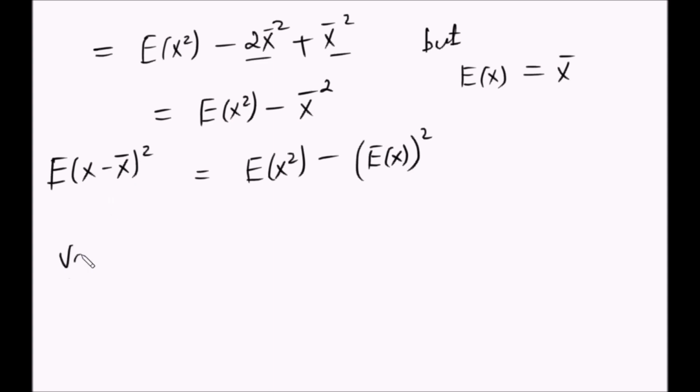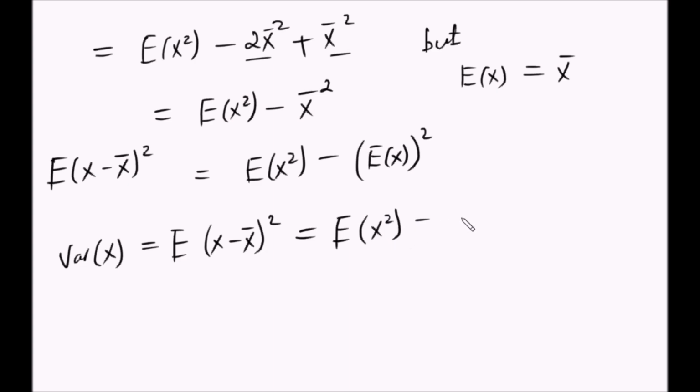So the variance of x can be defined kwa hiyo as expected mean of x minus the arithmetic mean squared, au expected mean x squared minus the square of expected mean of x hivi, au kama hivi, si ndio?